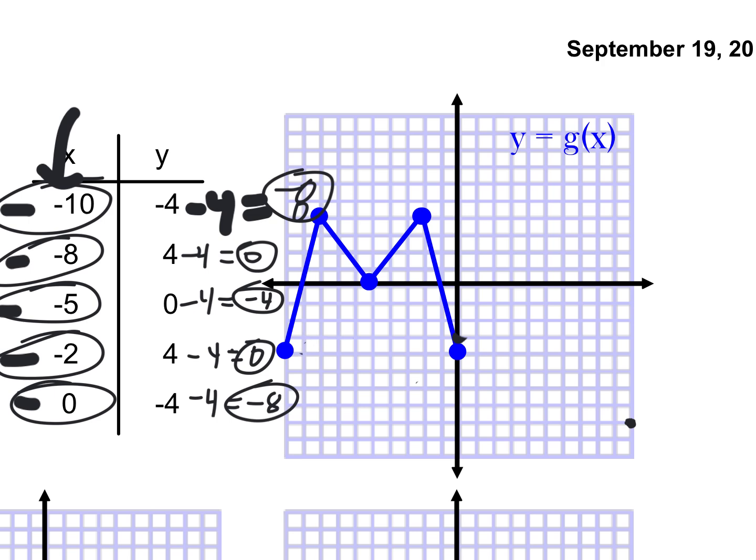And if I graph all the rest of the points, that's going to be 8, 0. Dot right there. And then we got 5, -4. And then we got 2, 0.